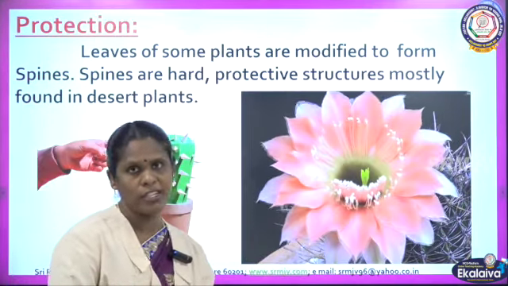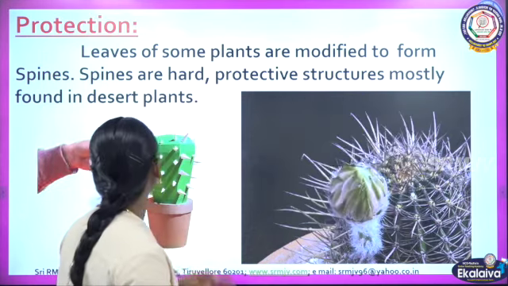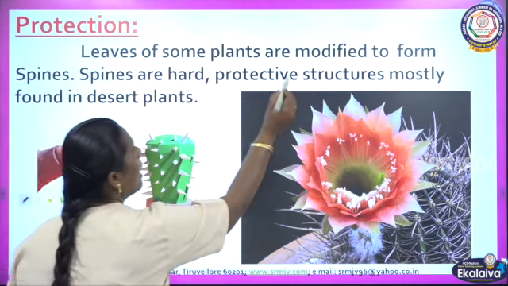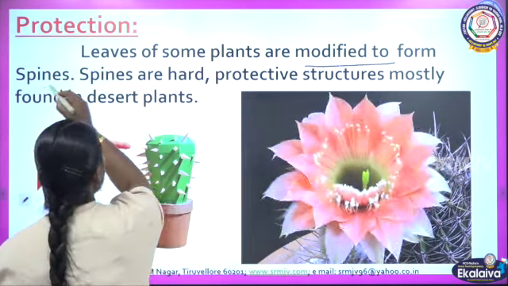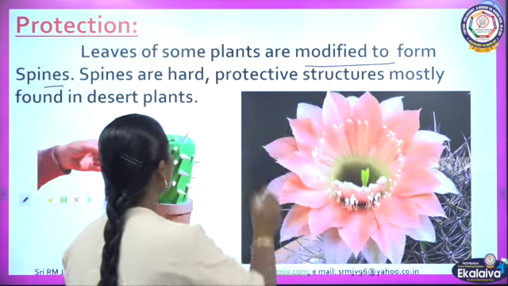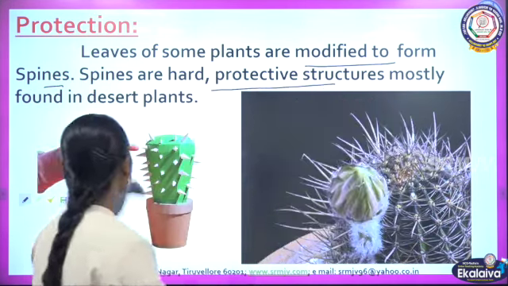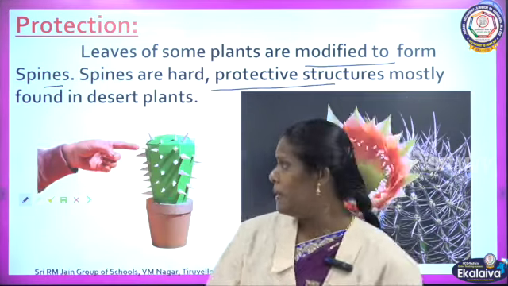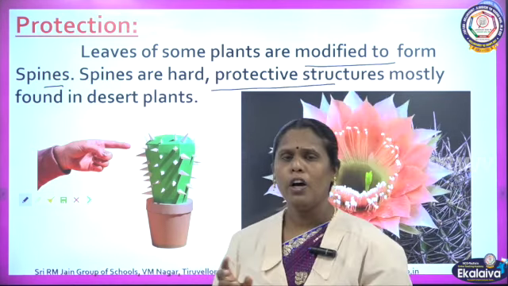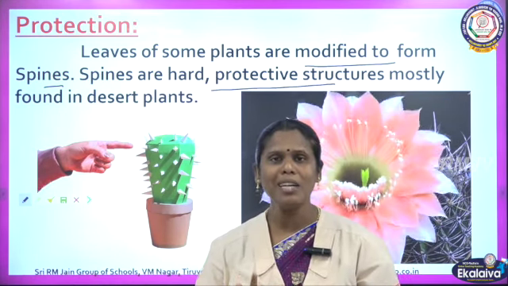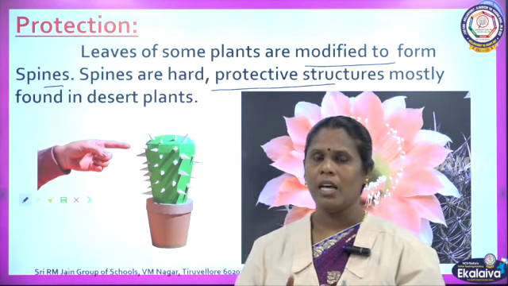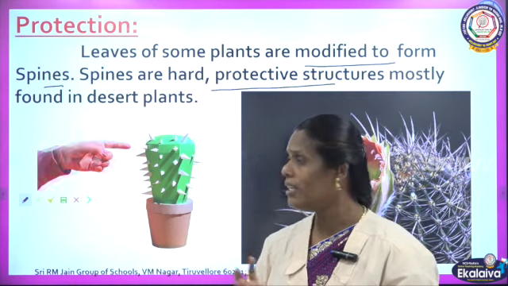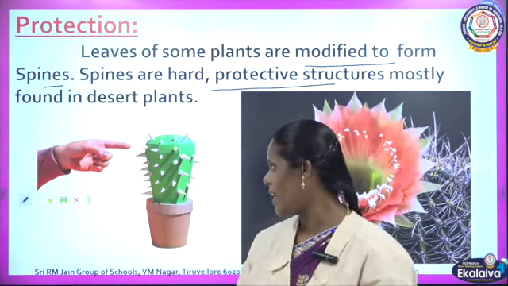Next one, protection. You see here leaves of some plants are modified to form spines. A spine is a hard protective structure mostly found in desert plants. See here, due to scarcity of water in the desert, cactus plants reduce water loss, and they have spines.